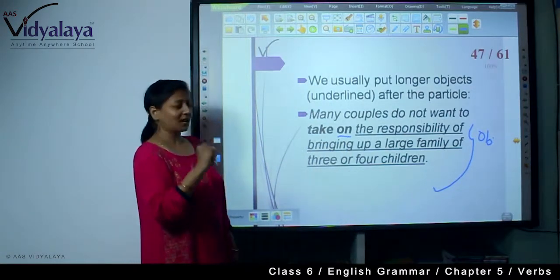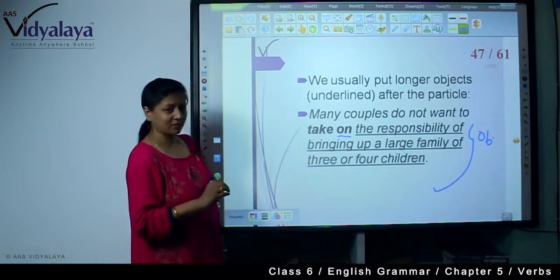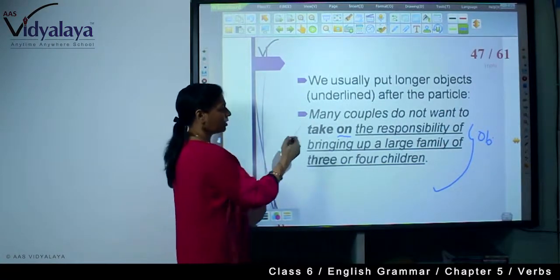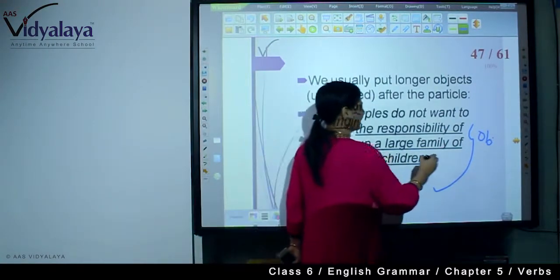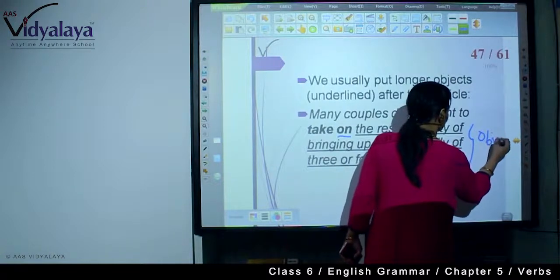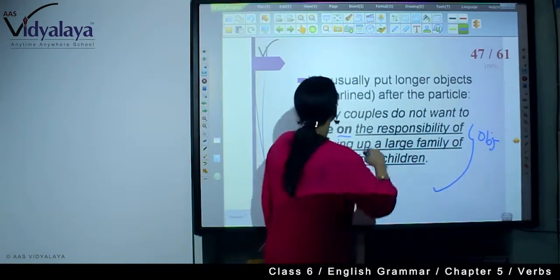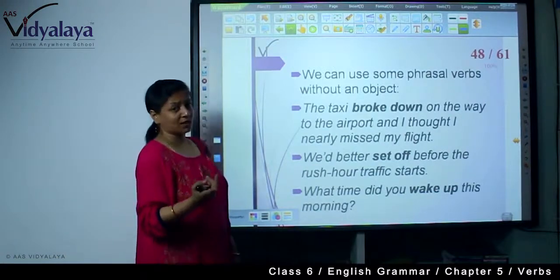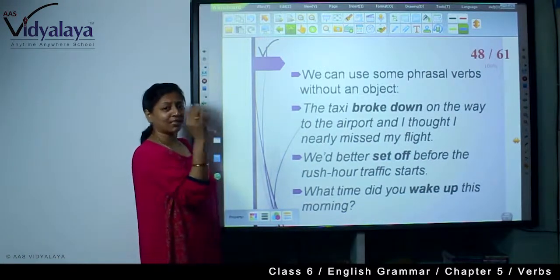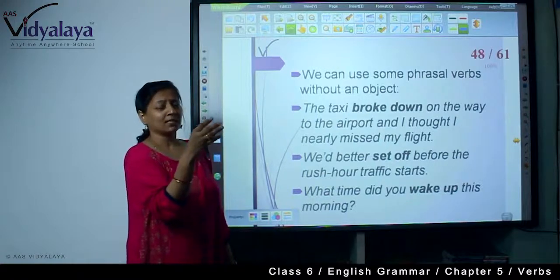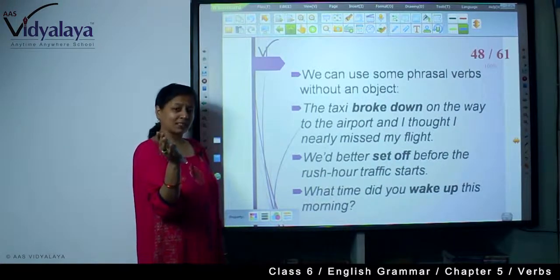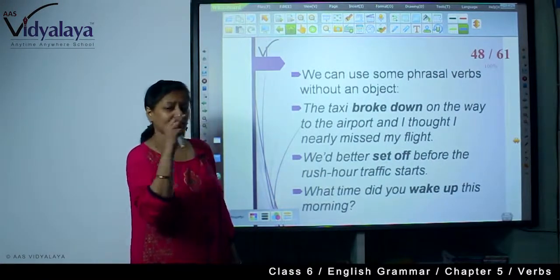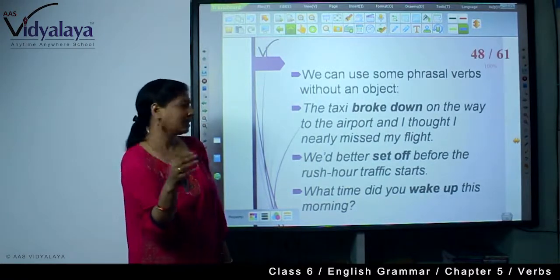That means after the preposition, phrasal verb, we have kept the longer object. We can use some phrasal verbs without an object. There we have seen the object can come before the particle, it can come after the particle, and the longer objects are always after the particle.